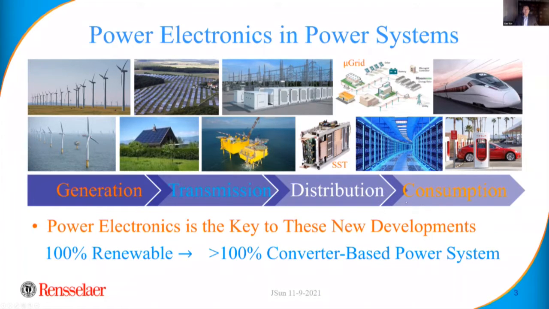The picture makes it clear that we have increasing use of converters in almost every sector of the system: from electrical vehicles on the load side, electronics, data centers, microgrids at the distribution level, to high voltage DC transmission, renewable generation from wind and PV, and then energy storage, which is maybe difficult to classify. It could be installed at distribution level or transmission level. It's not generation, but it's supporting the system.